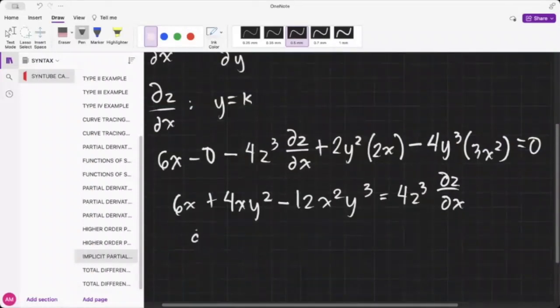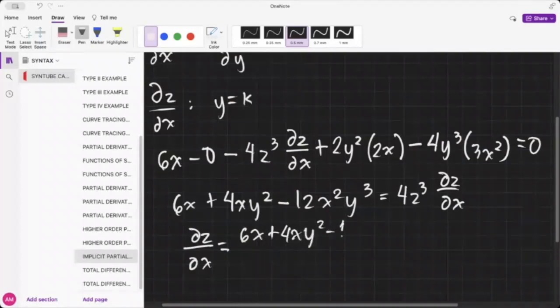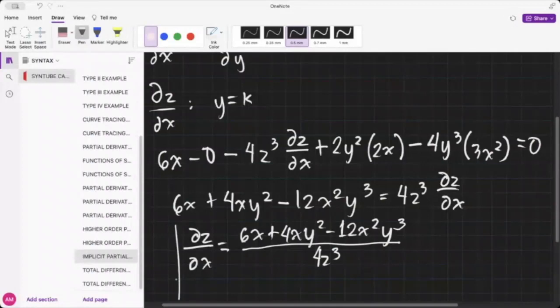So, the partial derivative of z with respect to x is equivalent to 6x plus 4xy squared minus 12x squared y cubed all over 4z cubed. Very standard implicit differentiation.